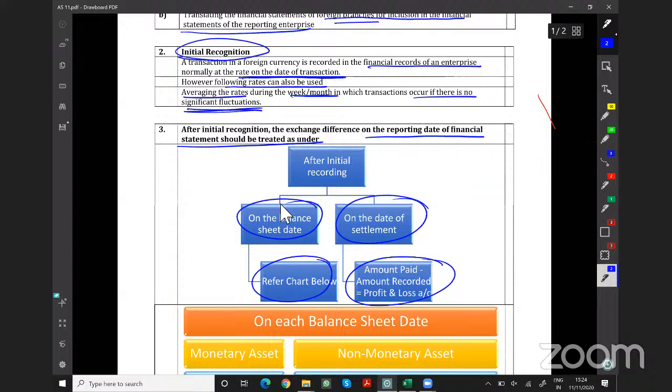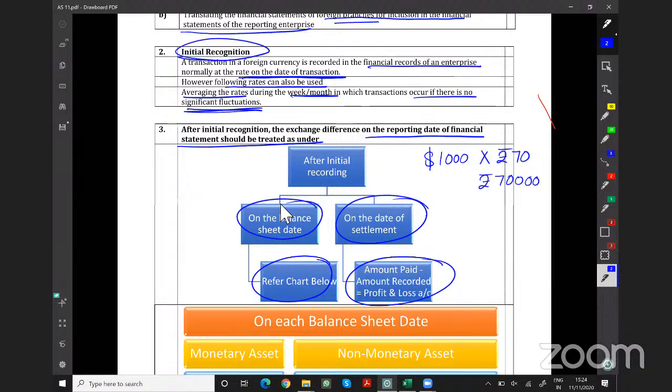Assume I have purchased an iPhone of $1,000. At the date of transaction, the dollar rate was 70 rupees. It was a credit purchase, so I've recorded my iPhone at 70,000. At the time of payment, the dollar rate went up to 72 rupees.